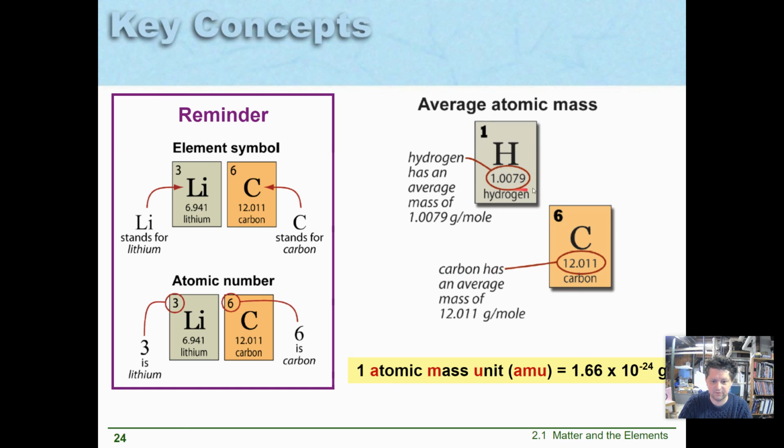The last thing to look for on here is the atomic mass. So we've got the element symbol and the atomic number. We also have an atomic mass. And we abbreviate these with a unit called AMUs, an atomic mass unit. It's the weight of one atom of carbon.